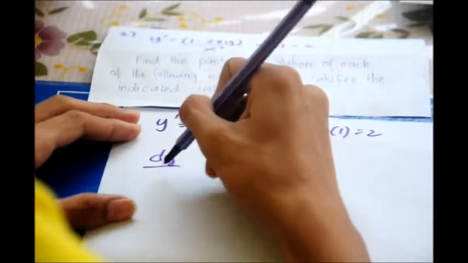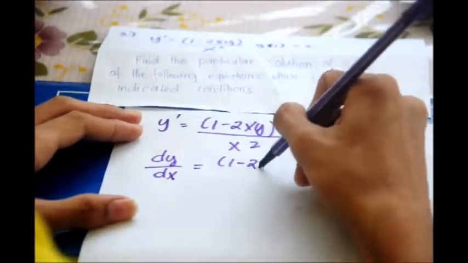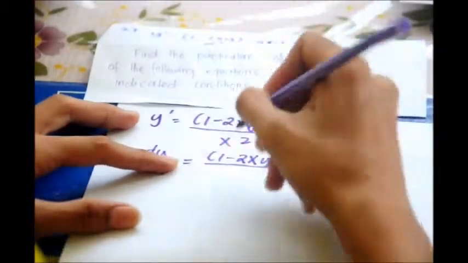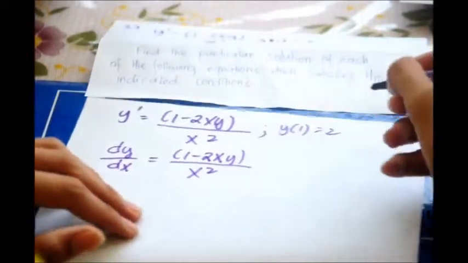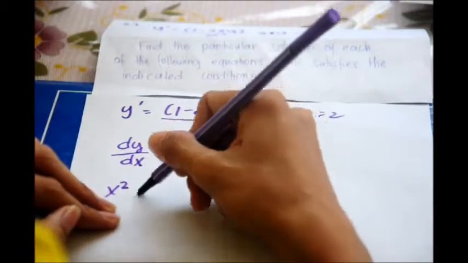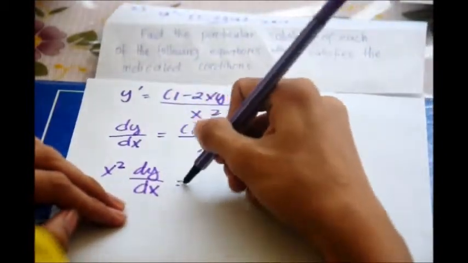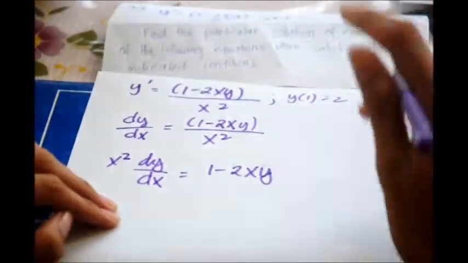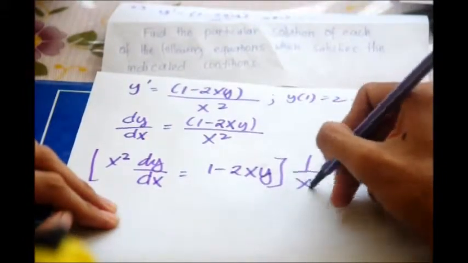So dy over dx minus 2x y over x squared. So I get 1 over x squared.